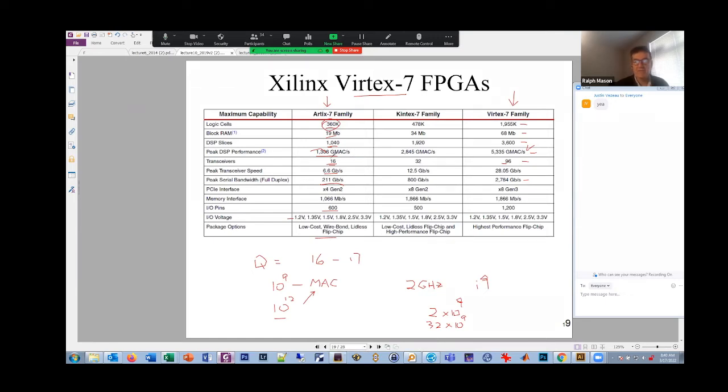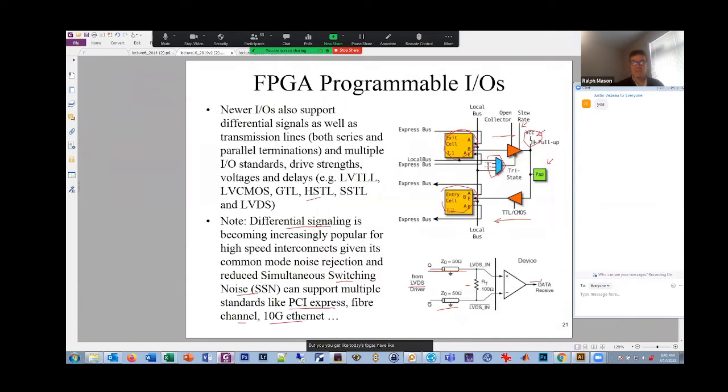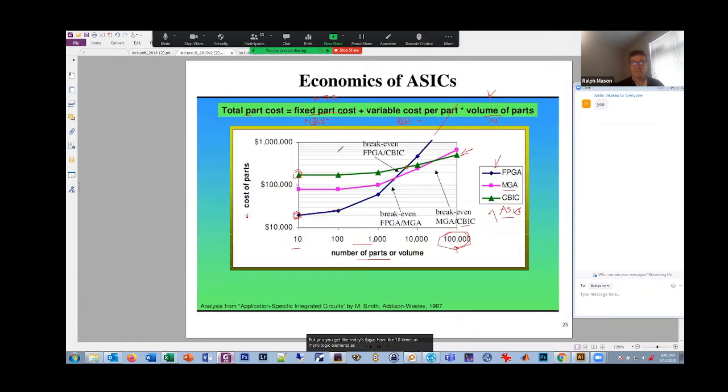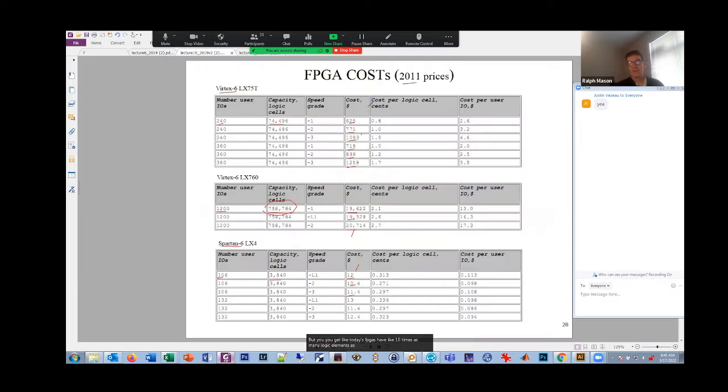And this low end Virtex 7 is what you're using, which you're looking at maybe $100. So the prices are kind of similar, but today's FPGAs will have like 10 times as many logic elements as this table here. And that's just Moore's law. As we shrink the technology down, we're able to pack more stuff onto the die. Okay, so that's just a little breakdown on FPGA costs.